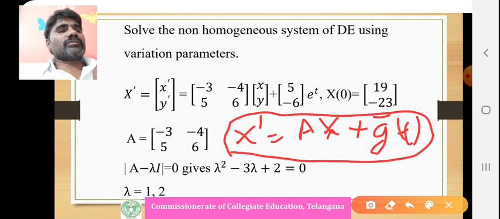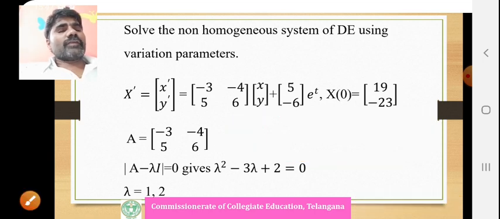Now to solve this non-homogeneous system, we have three different methods: the fundamental matrix method, the variation of parameters method, and the method of undetermined coefficients. Here I can solve this system by using the fundamental matrix method. The system consists of a complementary solution for the homogeneous part and a particular solution for the non-homogeneous part.